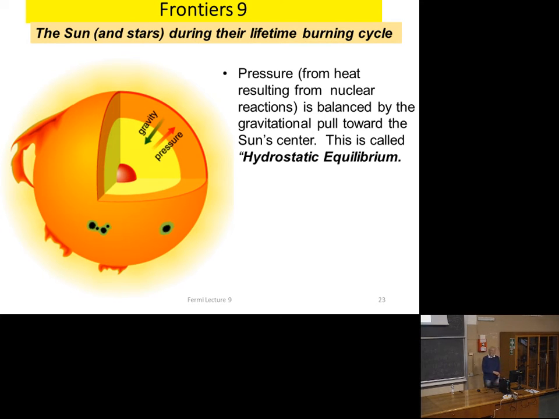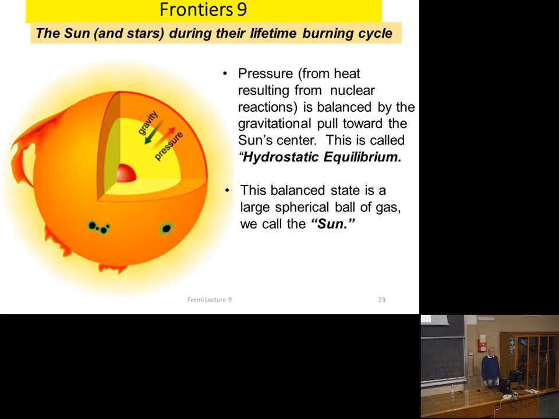So the pressure from heat results from the nuclear reactions, and it's balanced by the gravitational pull toward the sun's center. That's the hydrostatic equilibrium that we're in. And this balanced state is just this large spherical ball of gas that we call our sun.